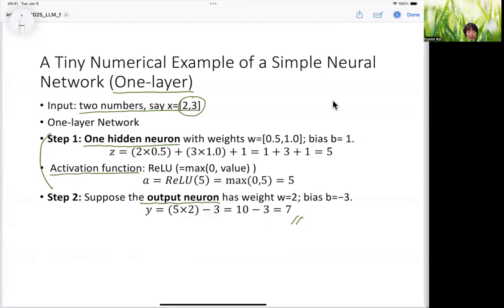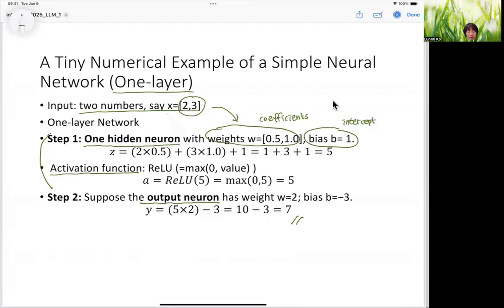The hidden neuron works as follows. It consists of weights and bias. Since we have two numbers, we need two weights. These weights work like coefficients of a function, and the bias works like an intercept of a function.